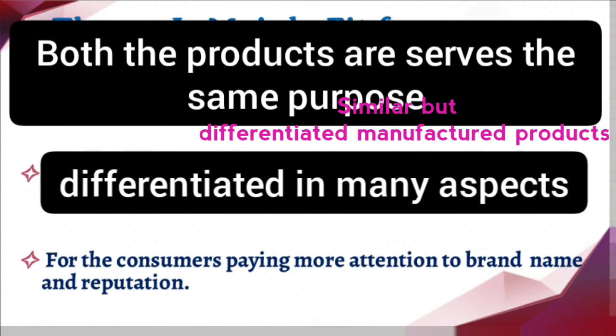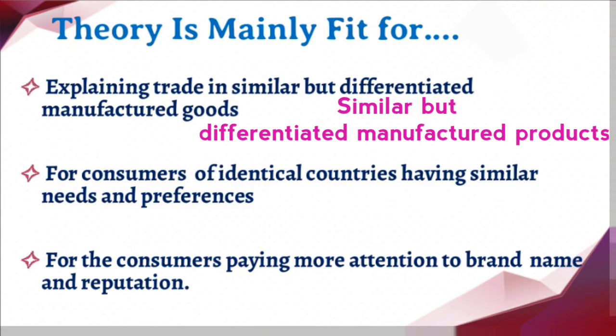This category of goods is known as similar but differentiated products, and Linder suggested that this theory is particularly applied for trade in this type of goods.